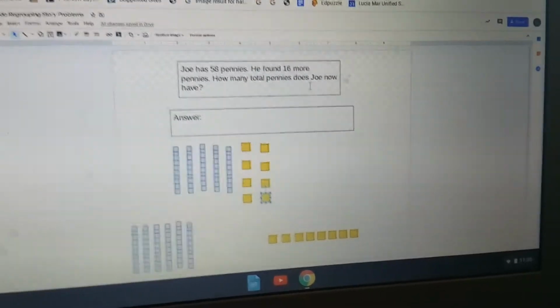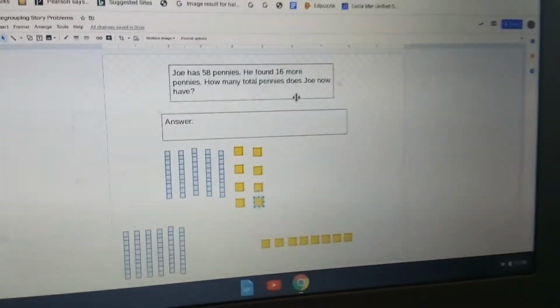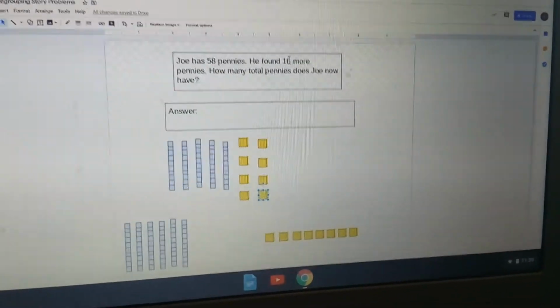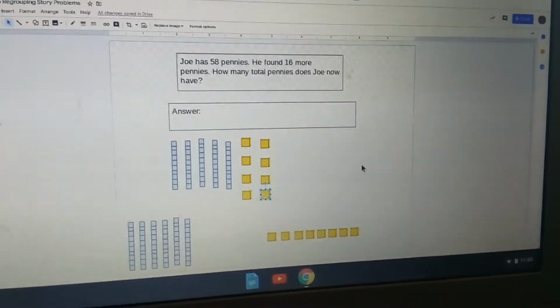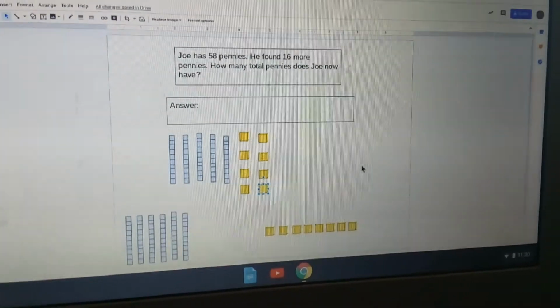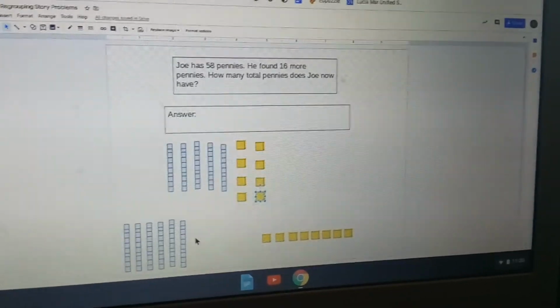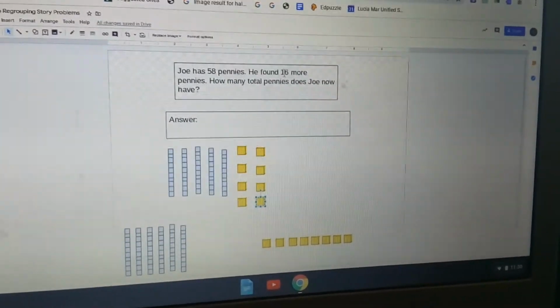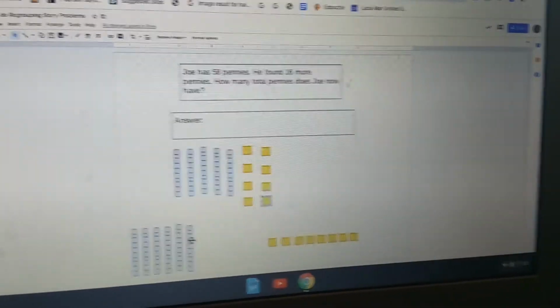He found 16 more pennies. Looking at our number 16, how many 10 sticks should I pull up? 1, because there's a 1 in the tens place. So I'm going to pull that up.